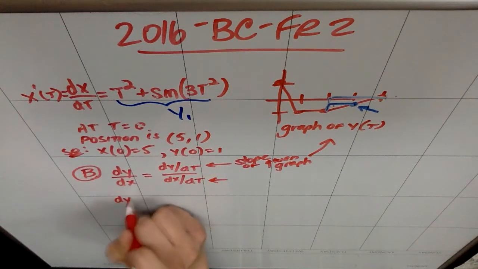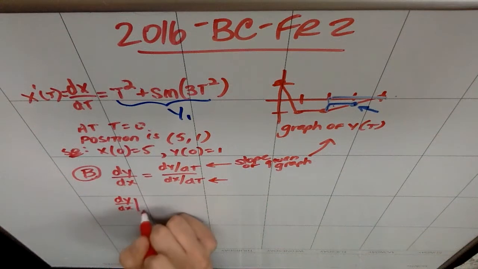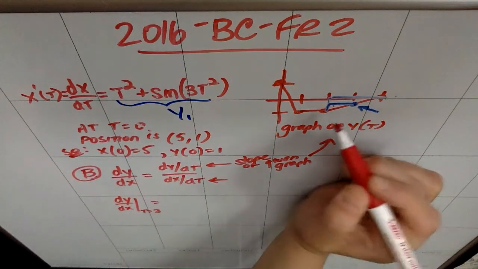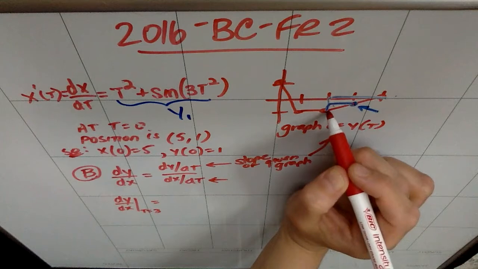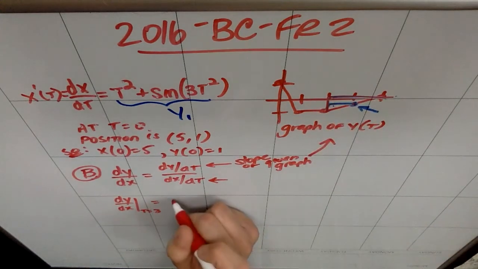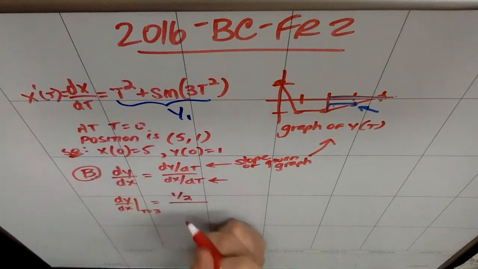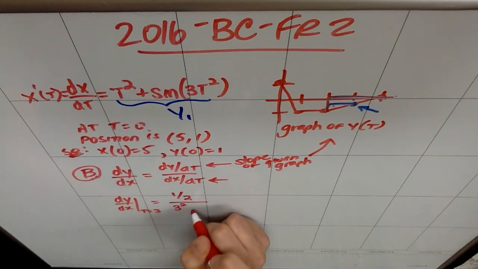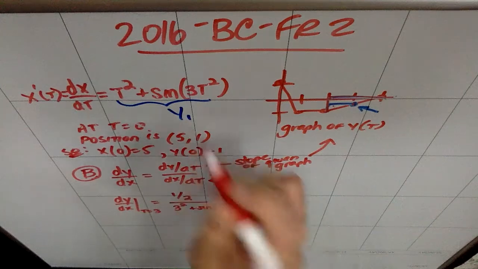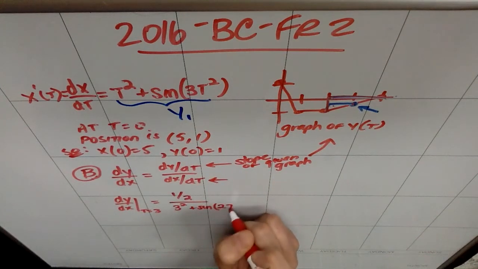So my dy/dx evaluated when t equals 3 is going to be the slope of this line at 3. Well, we already saw that that's a slope of 1/2 because we've already seen rise over run. So it's going to be this 1/2 slope, on top of what happens when I plug a 3 in here, which would be 3 squared plus sine of 3 times 3 squared, which is 27, right?